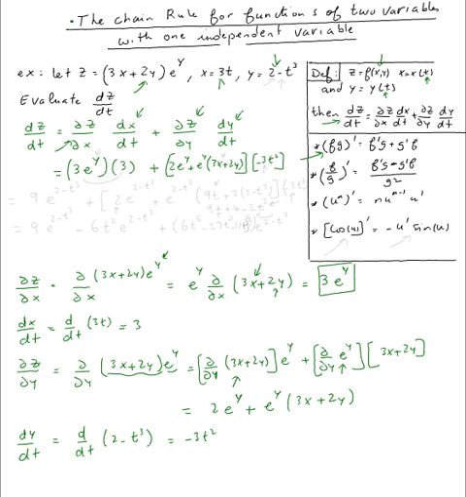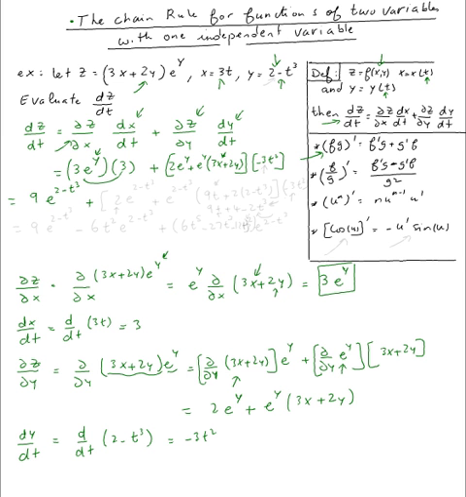Now the last step, I need to multiply things but replace y by its value and each x by 3t. So let me rewrite it here. 3 times 3 is 9, so this is going to be 9e to the (2 minus t cubed), since y is 2 minus t cubed.